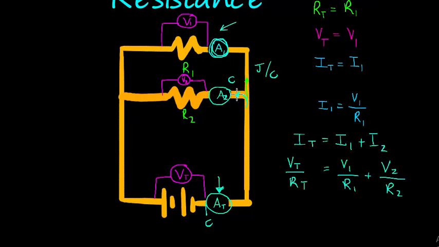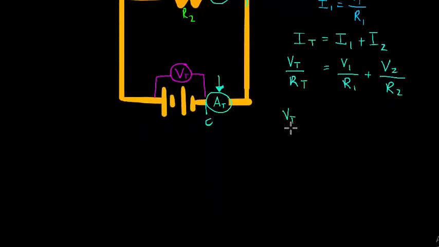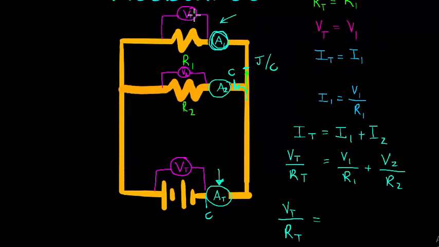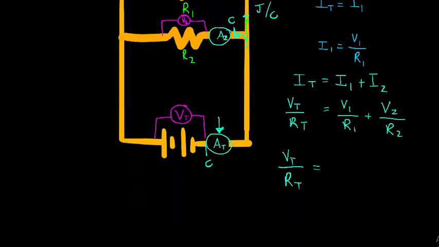Yes, there's fewer passing a certain point at this point and passing a certain point at that point, but the joules that each one has is the same. So what is important is to remember that the voltmeter reading at 1 and voltmeter reading at 2 will be the same as the total voltmeter reading in the end, and that is simply because the joules per coulomb in each branch is the same.